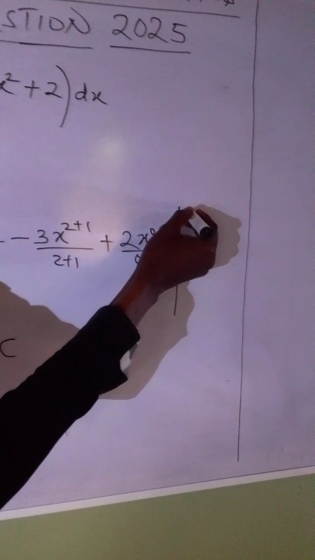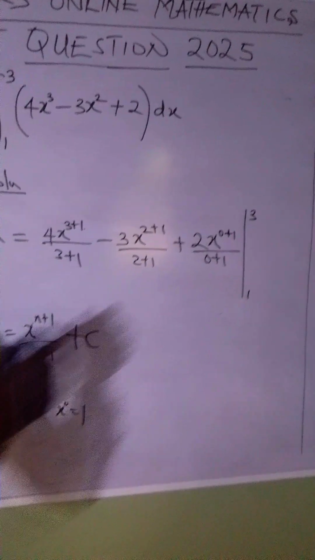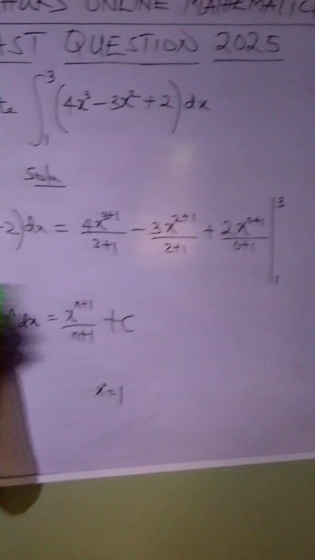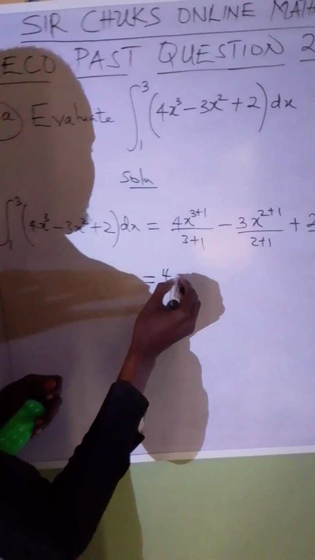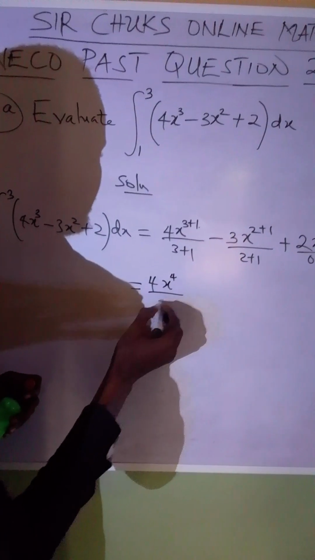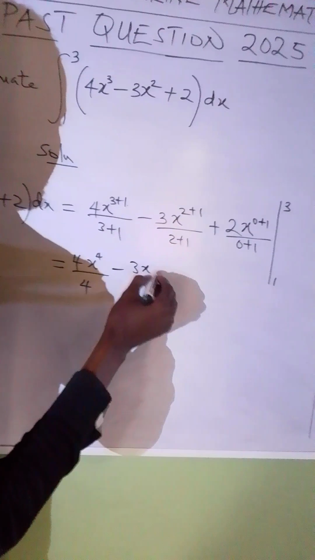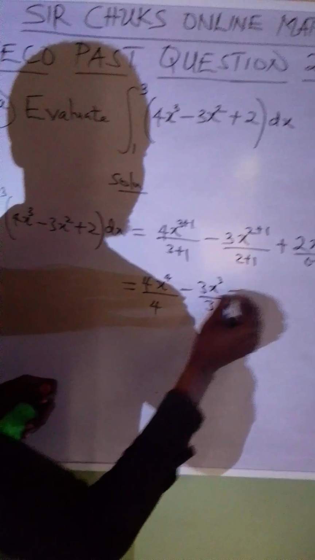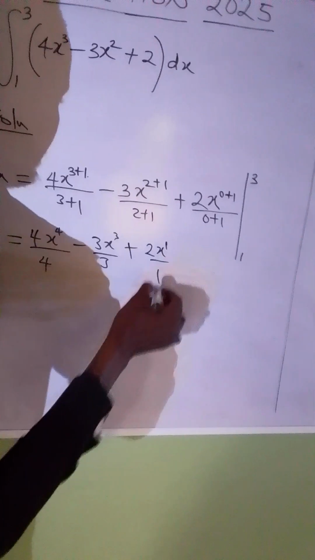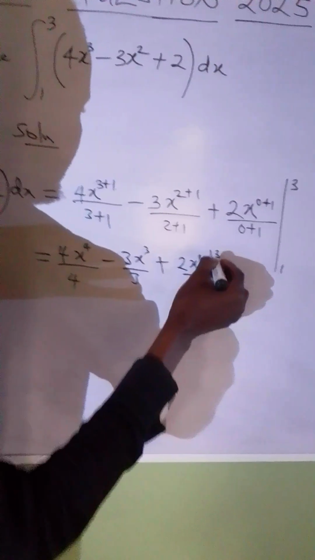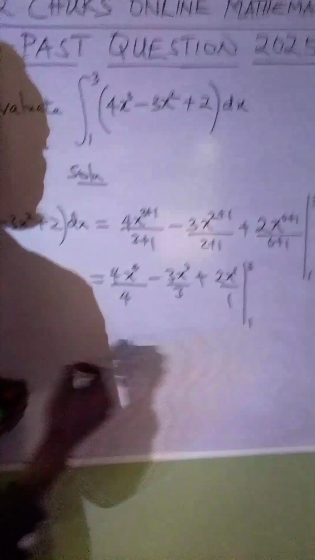Then upper limit 3, lower limit 1. So I have 4x raised to power 4 over 4, since 3 plus 1 is 4, minus 3x raised to power 3 over 3, plus 2x raised to power 1 over 1, upper limit 3, lower limit 1.